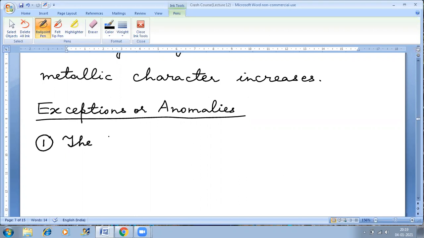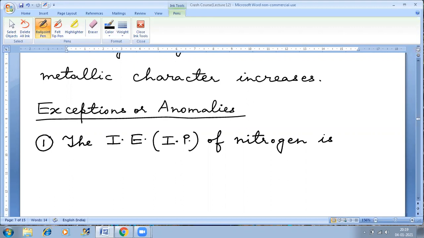The IE, ionization energy, or IP, of higher.